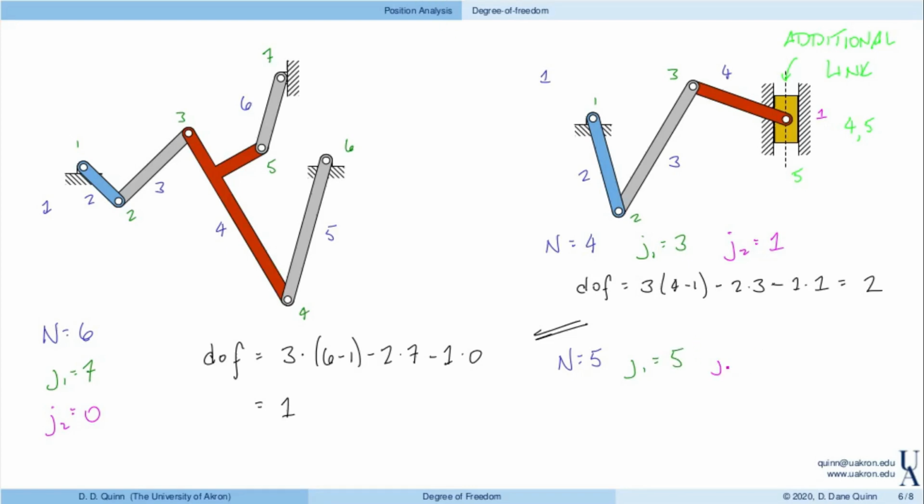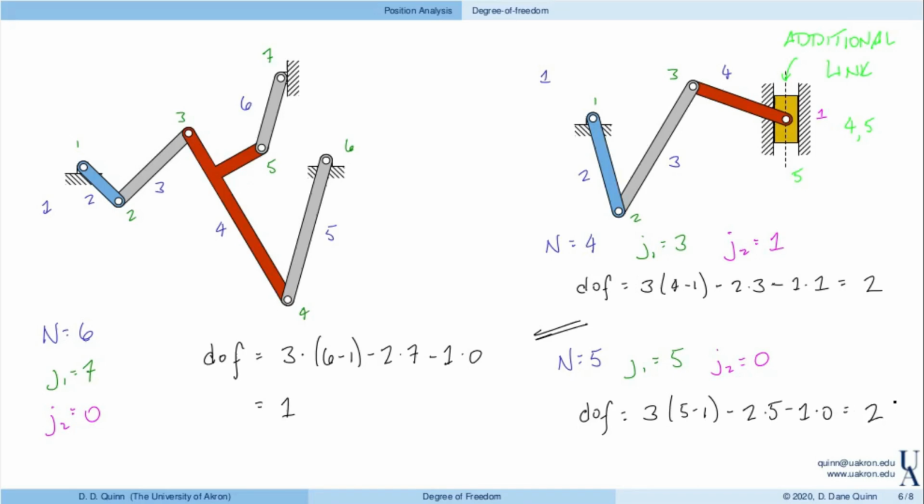And J2 now is equal to 0. So when I work that out, I get a degree of freedom of 3 times 5 minus 1 minus 2 times 5 minus 1 times 0. Well, once again, I get 2.